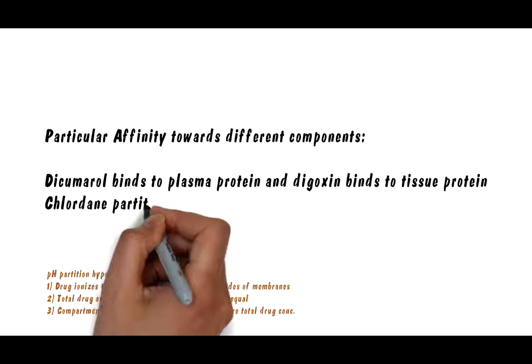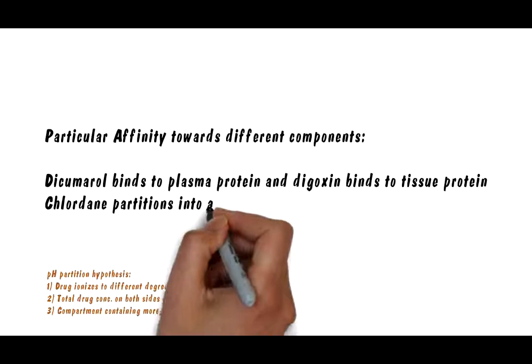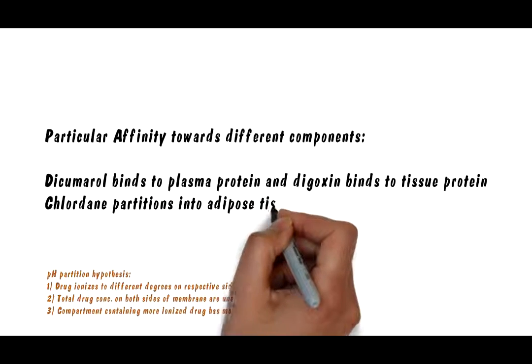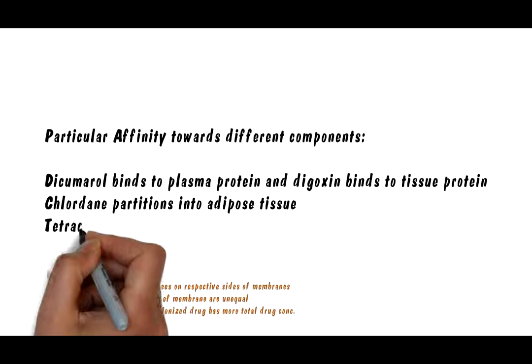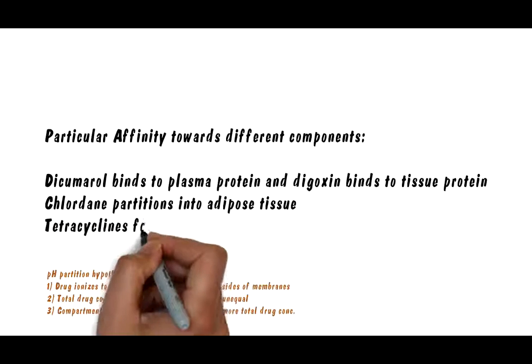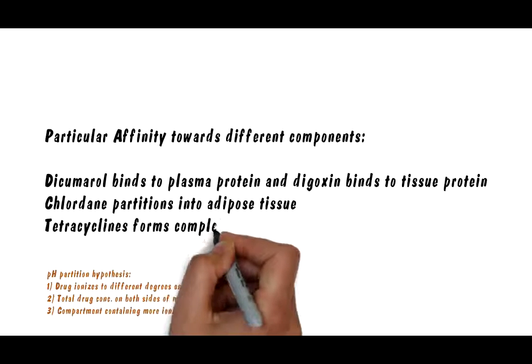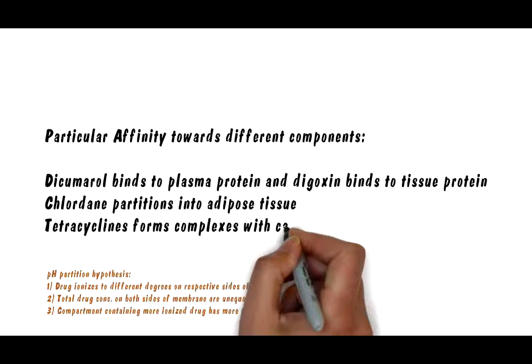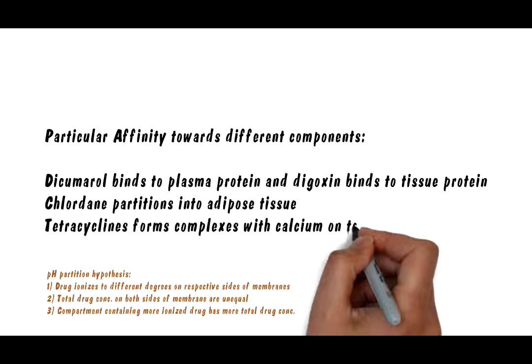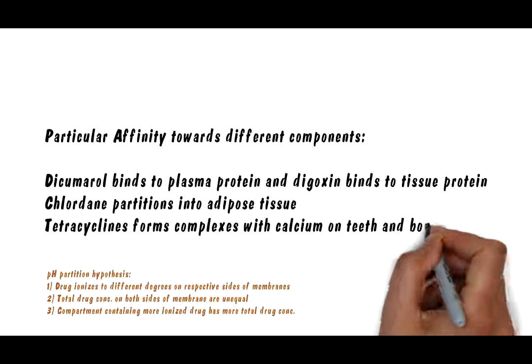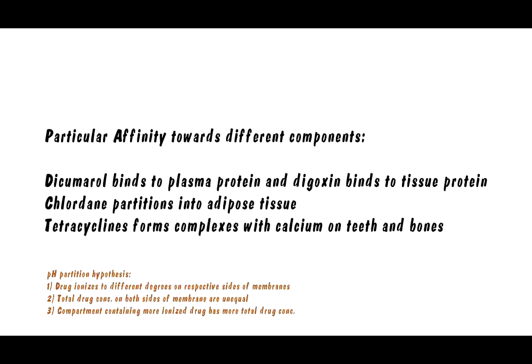So it hinders the drug targeting. In this way, the affinity to the plasma proteins or tissue proteins would reduce the absorption into the target site. Chlordane partitions into the adipose tissue, and tetracyclines will form complexes with the calcium on teeth and bones.